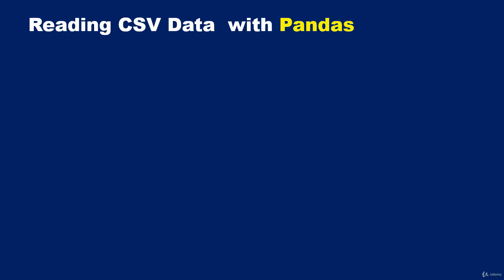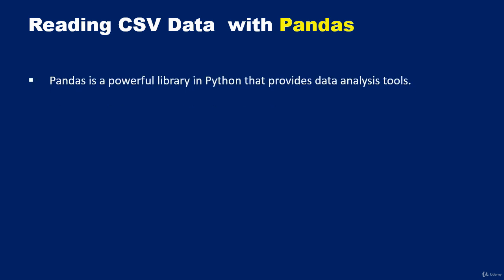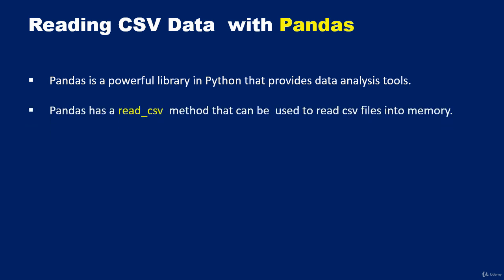Pandas is a powerful library in Python that provides data analysis tools. So it enables you to read the contents of a CSV file into memory using the read_csv method from the pandas library.